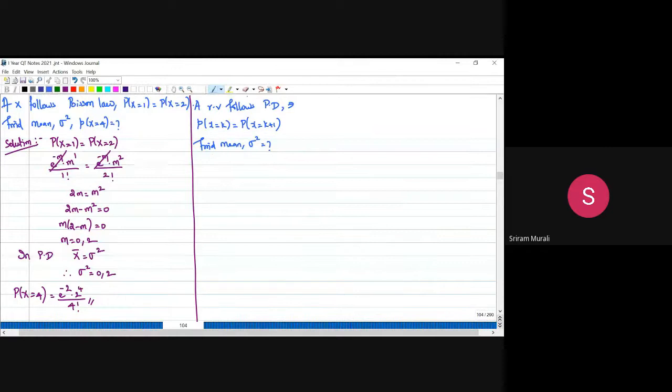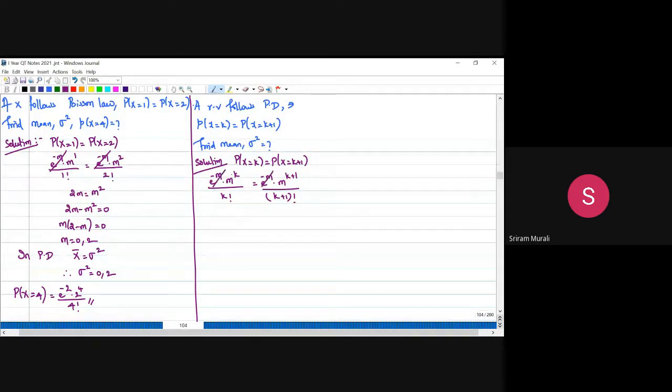So you take the given: e power minus m, m power x. In the place of x it is k, divided by k factorial. This equals e power minus m, m power k plus 1 divided by k plus 1 factorial. First, have you understood this?